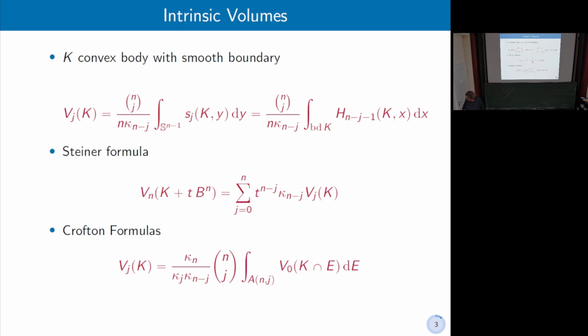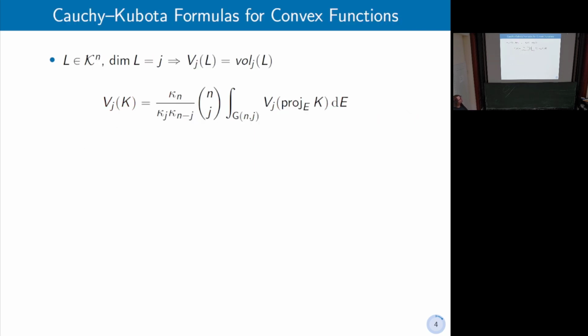And what I want to talk about is analogous notions in the theory of convex functions. So this is again my formula, and actually let me extend it a little bit. In the previous version I had the volume of the projection.